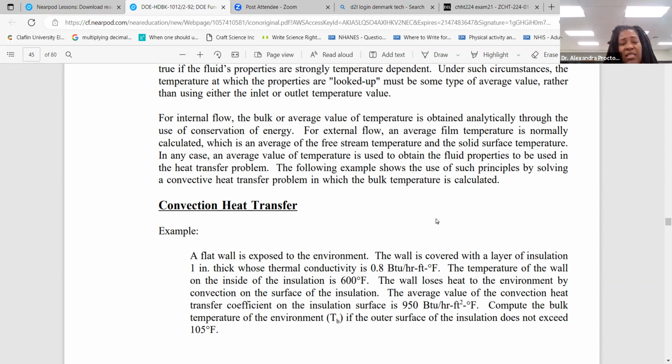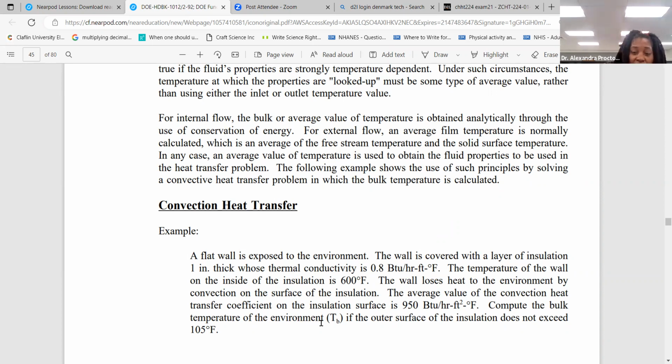A flat wall is exposed to the environment. The wall is covered with a layer of insulation that is 1 inch thick, whose thermal conductivity is 0.8 BTU per hour foot degree Fahrenheit. The temperature of the wall on the inside of the insulation is 600 degrees Fahrenheit, and the wall loses heat to the environment by convection on the surface of the insulation.